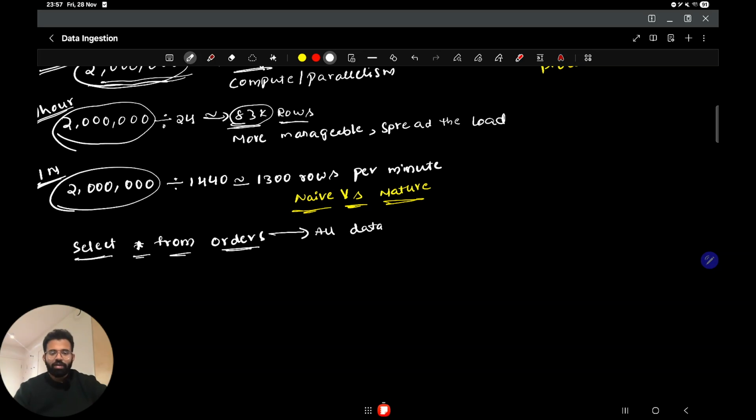And what happens if you are trying to extract the data using this query, or acquire the data, before you transport it, or move it to your storage? Every time you run this query, it will give out all the data present in the table, right?